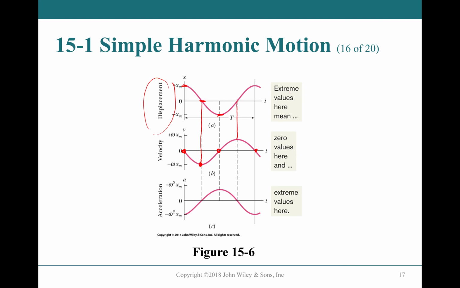So extreme values here mean the object is at positive or negative xm. And in velocity, a 0 value here means the object is at positive or negative xm. So see here.